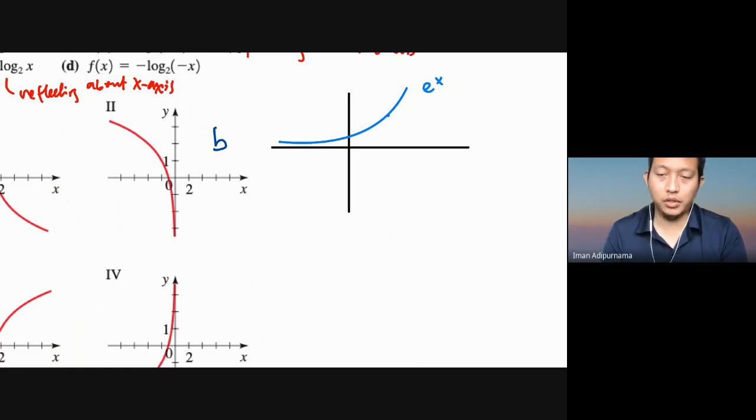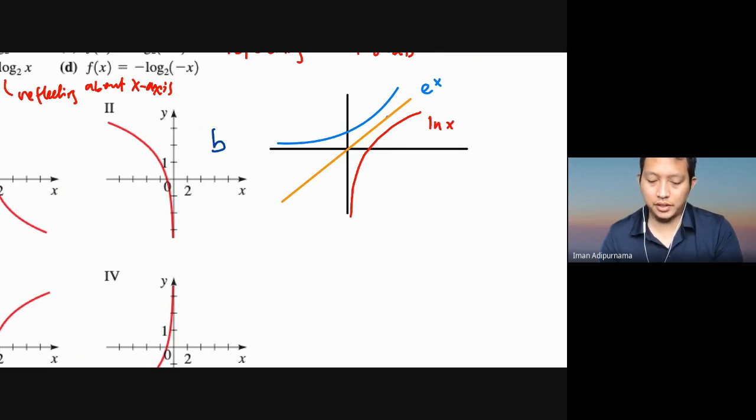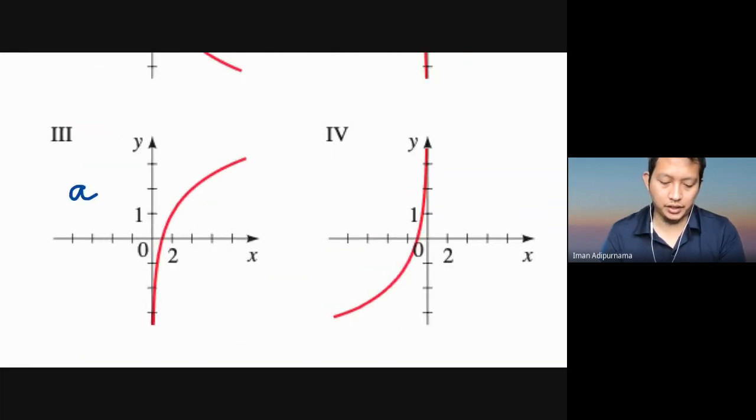Then log, or ln x, will be the mirror, or the inverse. So we have e to the x, and something similar to this ln we will have like here for a.